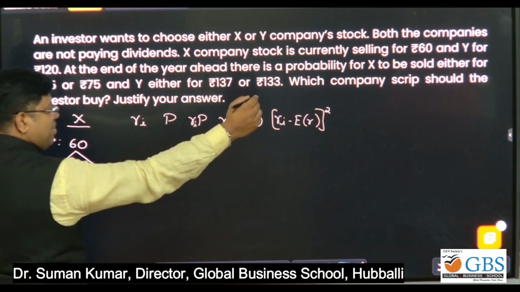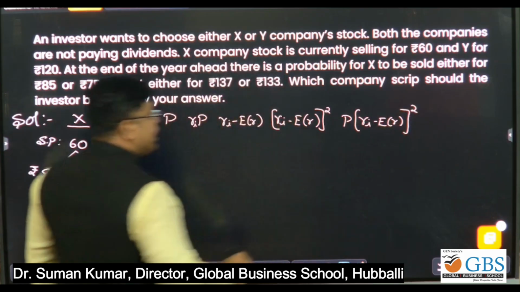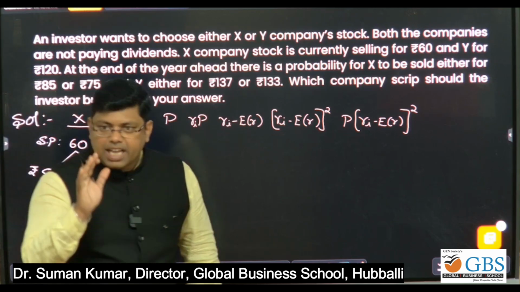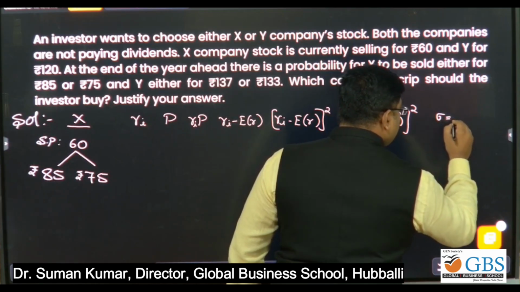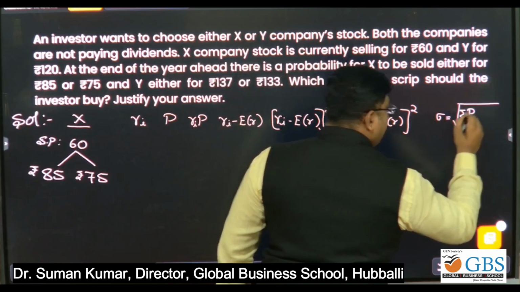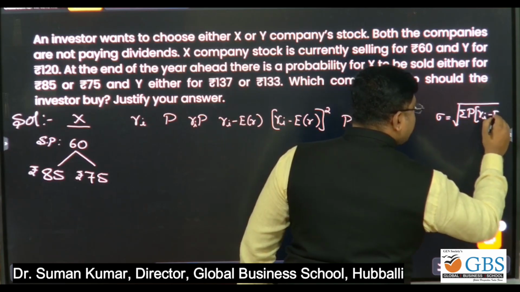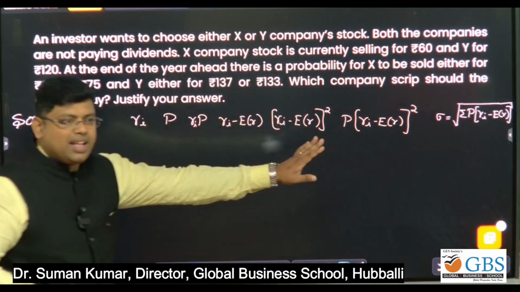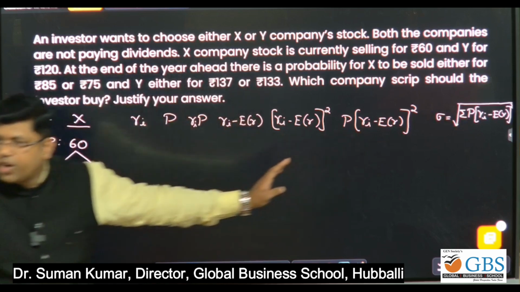The last column will be multiplying the probability with this, because in order to find the standard deviation, we know the formula: sigma is equal to square root of summation P, that is probability, into Ri minus E of R whole square. This is the formula. We want this. That is the reason this is the last column. Any doubt up to this?